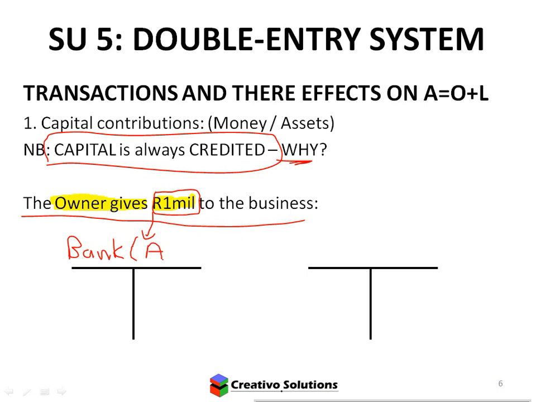Now you need to ask yourself the question, what is happening to the bank account? Tell me what's happening to the bank account of the business. It's increasing, correct. So now look at your 6 rules. Where does an asset account increase? On the debit side.